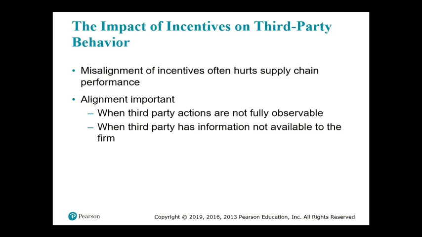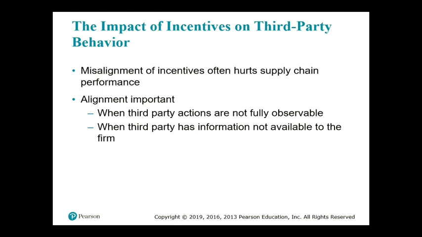So we cannot easily say whether the supplier has put in more effort or not. And we also would need a smarter alignment incentive when the third party has private information.